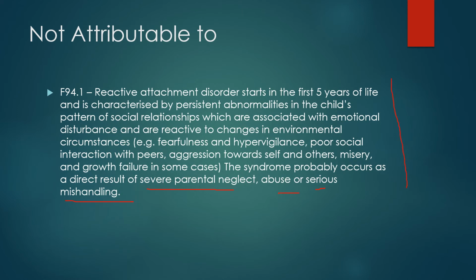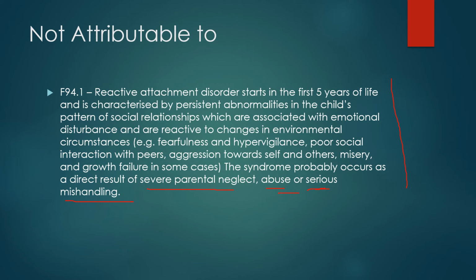So what we are saying is, in the first 5 years of life, if the child suffered severe parental neglect, abuse, and serious mishandling, this person will develop reactive attachment disorder, meaning they don't know how to interact socially properly with other people because of the emotional disturbance, because they are so fearful of other humans who have treated them badly.